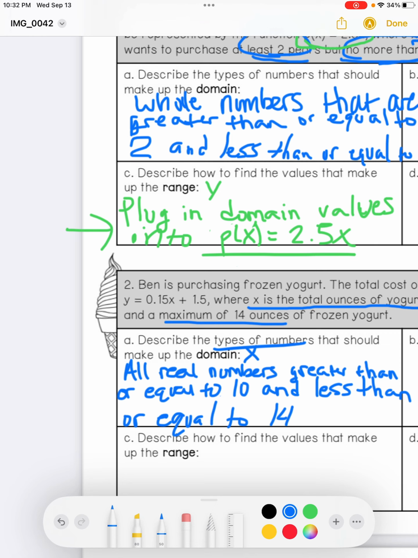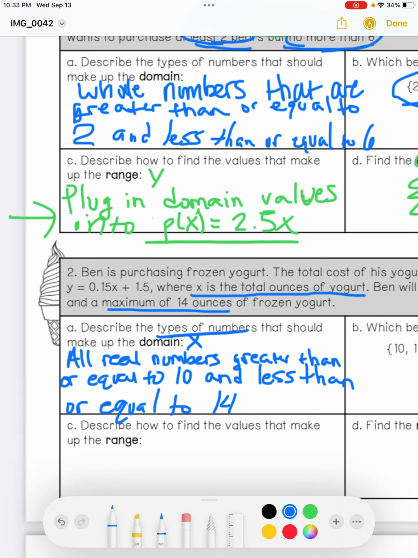If you ever stepped on a scale, were you exactly at like 120 pounds? No, it's usually like you're in between 2 pounds, right? There's some ounces there. Same thing here. We're going to be in between probably a whole number. It's going to be somewhere decimal. But as long as that number is between 10 and 14, we're good, right? So we're just going to say all the numbers that are in between 10 and 14.